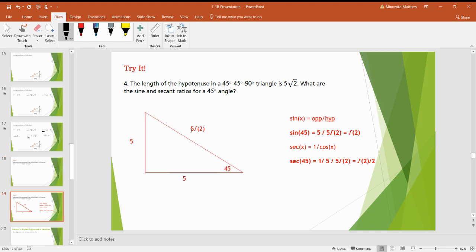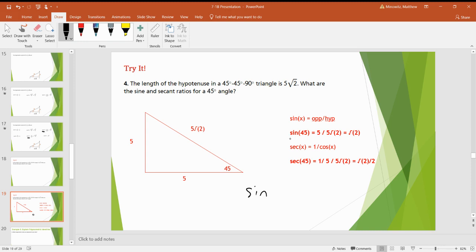Okay, I told you the hypotenuse is 5 square root of 2, which means that both legs have to be 5. Okay, that means the sine is 5 over 5 root 2. So if I do the sine, it's opposite.